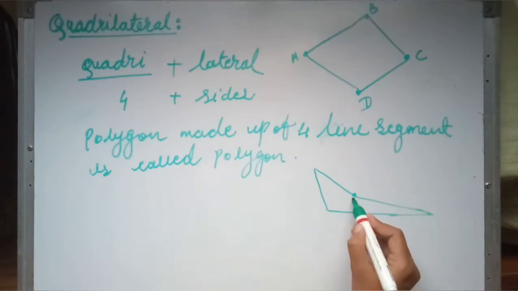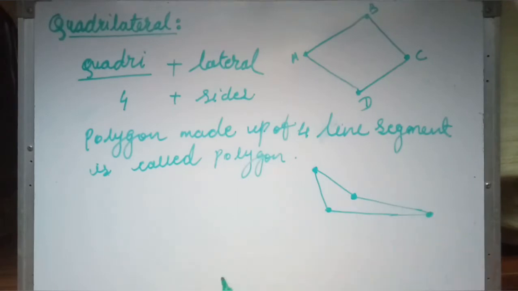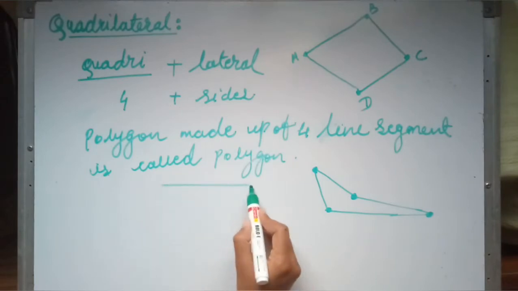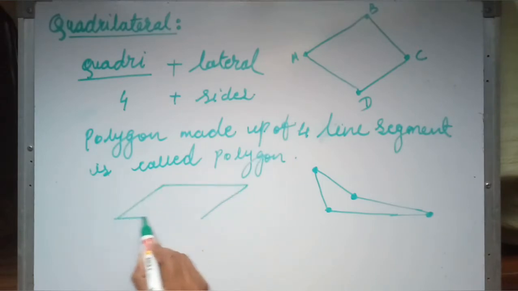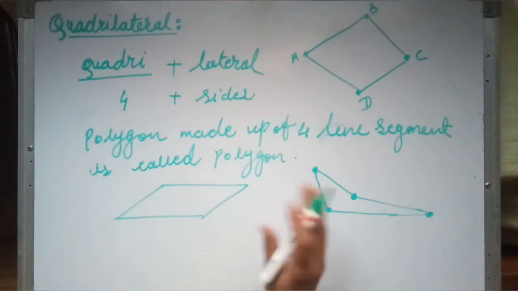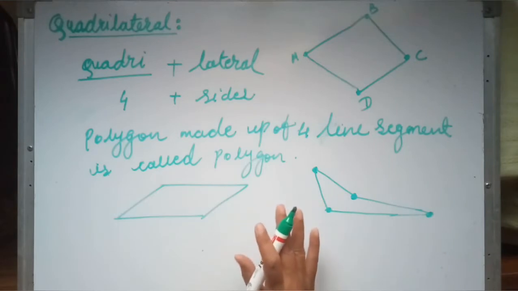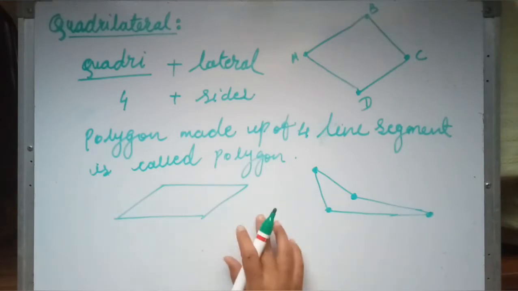This is also a quadrilateral because it is made up of four sides. Any figure which is made up of four sides, means four line segments, is called a quadrilateral.